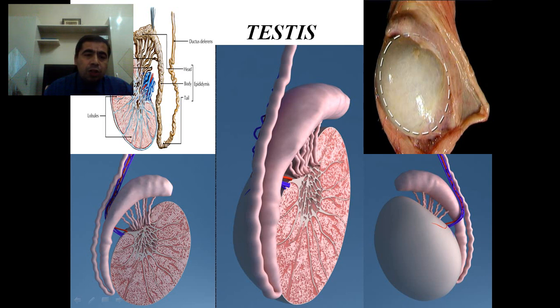From the mediastinum, two or three hundred septula originate, and they pass into the mass of the testis and divide its substance into two or three hundred lobules.